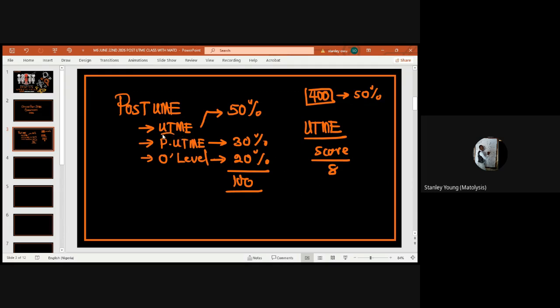So the post UTME contributes 30%. I will come back to that later. Let me first explain the O level. The O level contributes 20%.